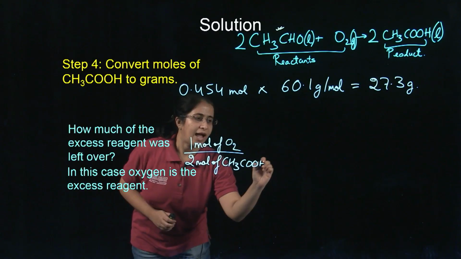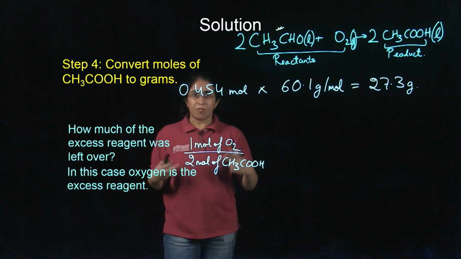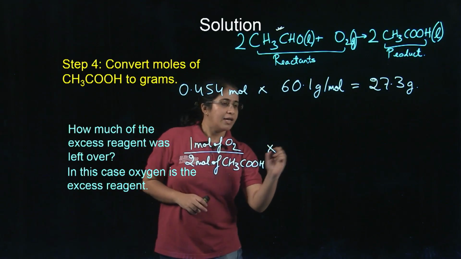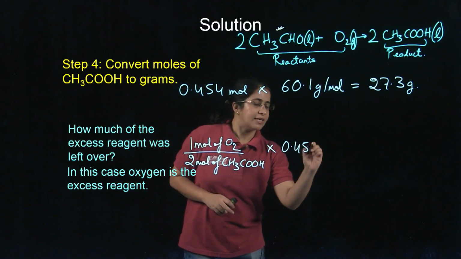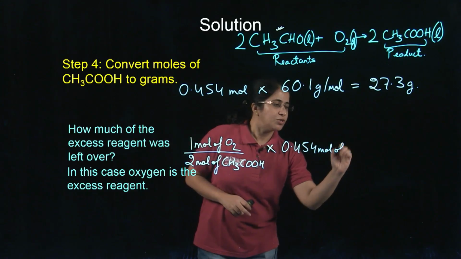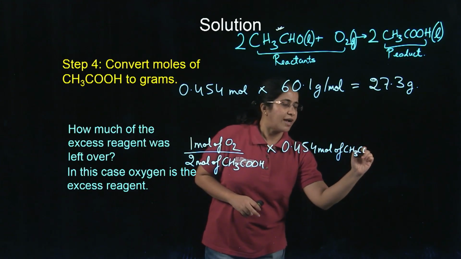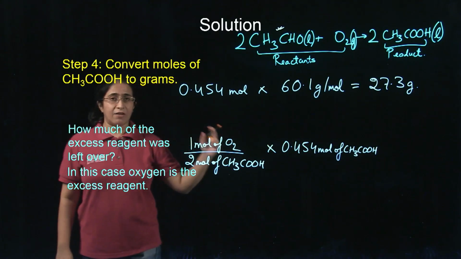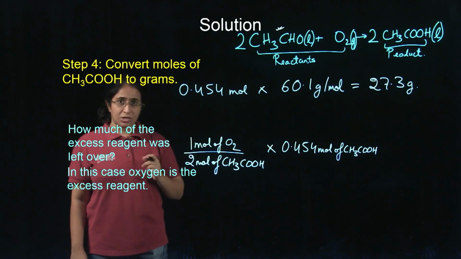Now if you want to find out what is the actual number of moles of oxygen that is consumed, you need to multiply this by the number of moles of acetic acid that is formed during the chemical reaction.